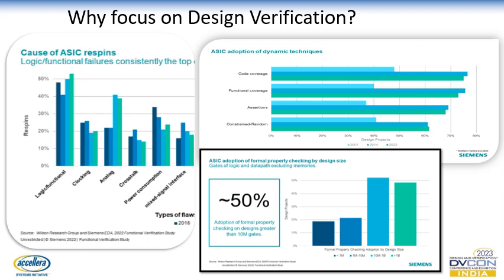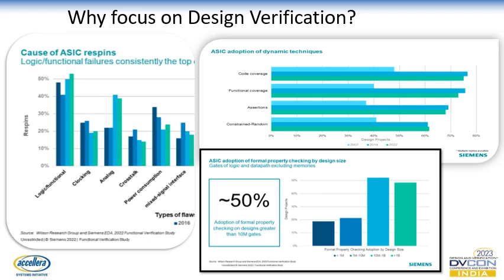But essentially the message it tries to convey is that ASICs, and also FPGAs by the way, fail the first time primarily due to logical or functional failures. The second graph on the top right shows the adoption of various verification techniques, including code coverage, functional coverage, assertions, and constrained random. Today we're going to focus on assertions, which have been quite well adopted in both ASIC and FPGA.